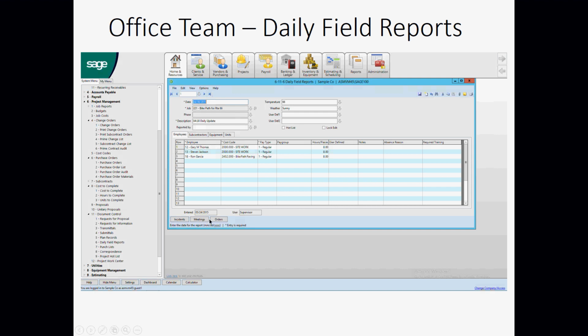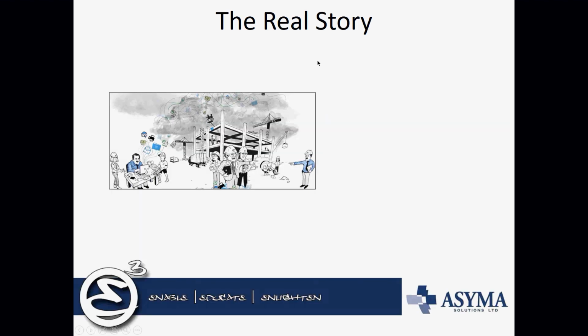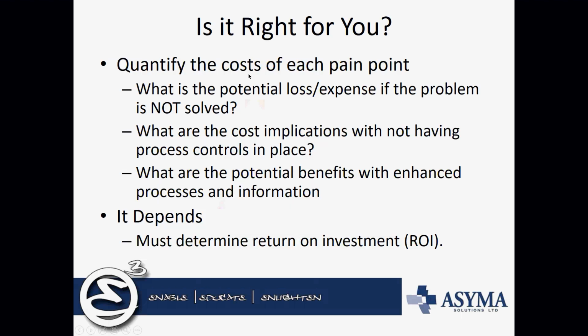And so you can put in incidents, meeting information, order information, all of the information about employees, subcontractors, who showed up, who didn't show up. All of that information is collectible out in the field. And what it does is it actually reduces your liability significantly, because you're really keeping that daily diary of each one of your jobs out in the field without having to do it manually, okay?